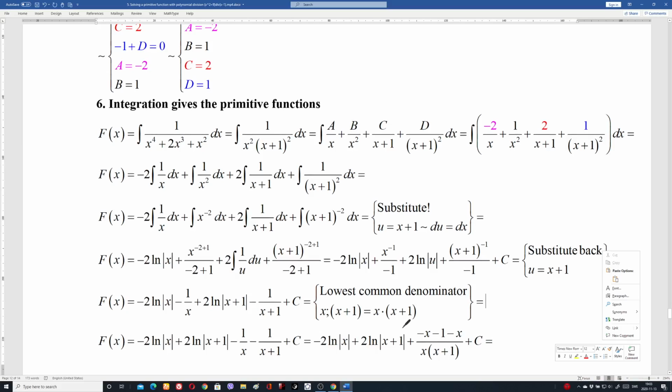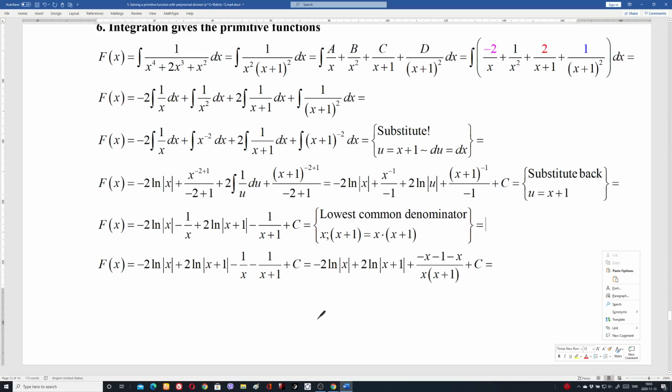So now I should find the lowest common denominator for x plus 1, which is the x plus 1.